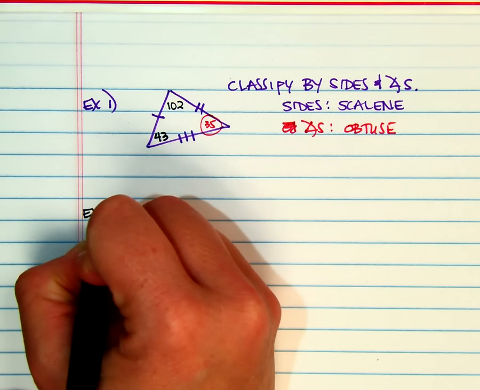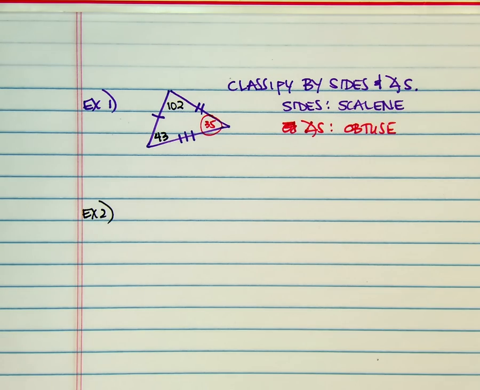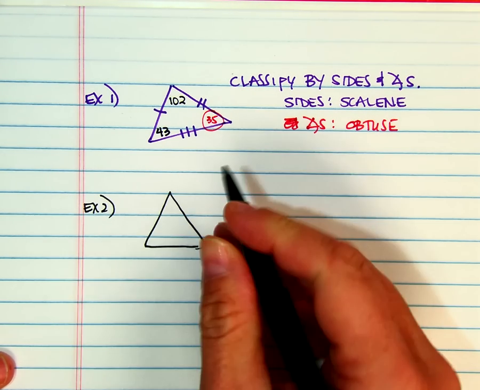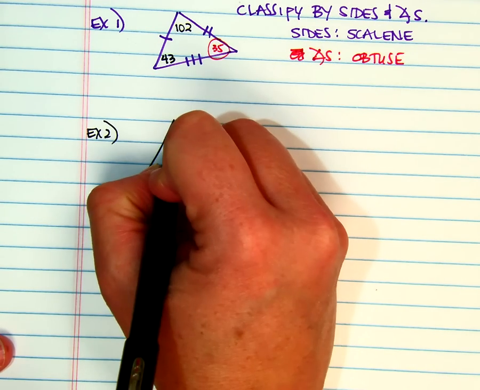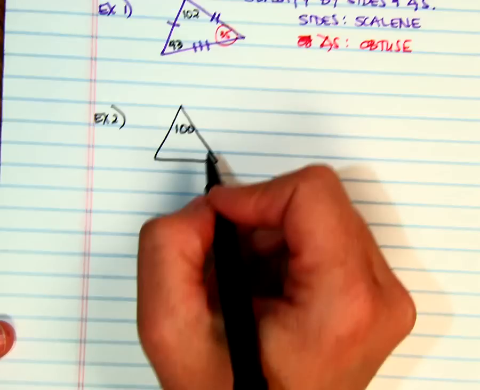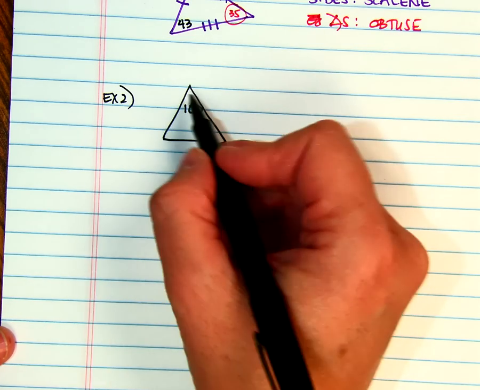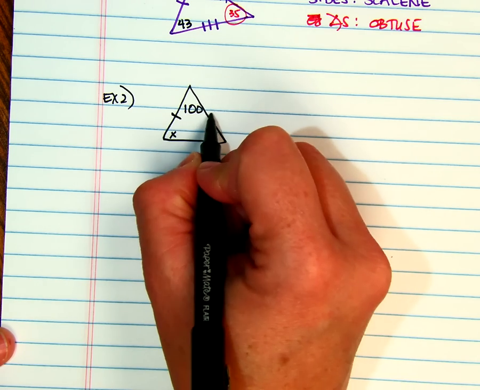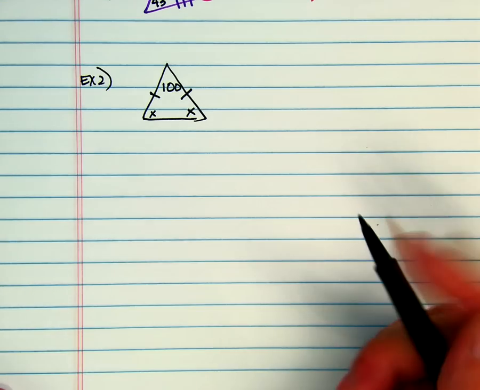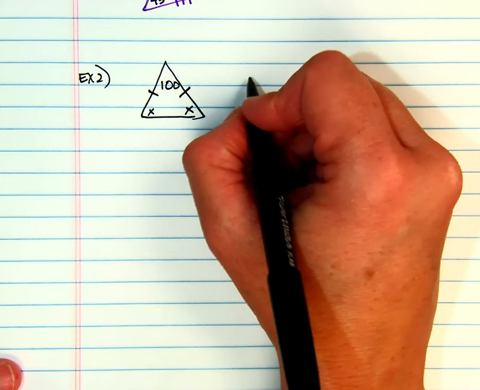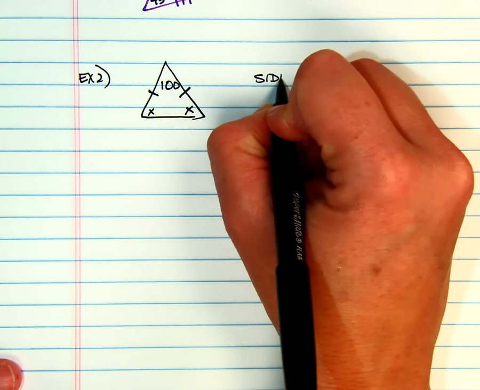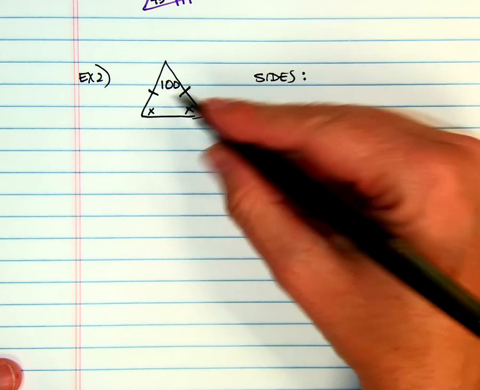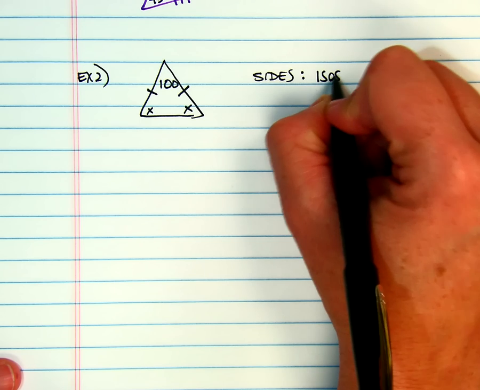Example 2. Okay, so if we're classifying this by sides, I can look at the tick marks and know that these are going to be congruent, so this is going to make this an isosceles.